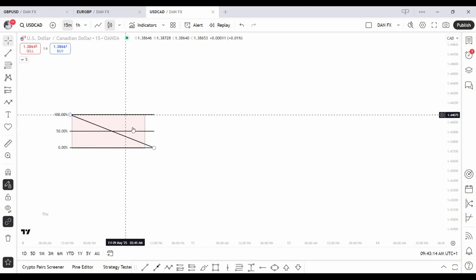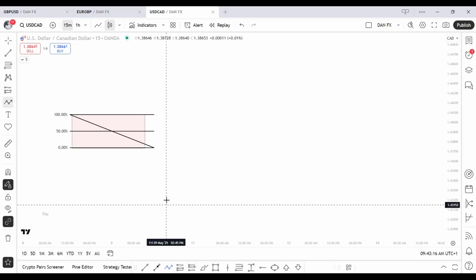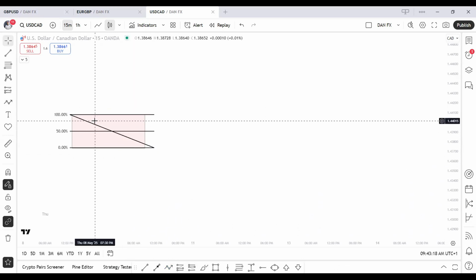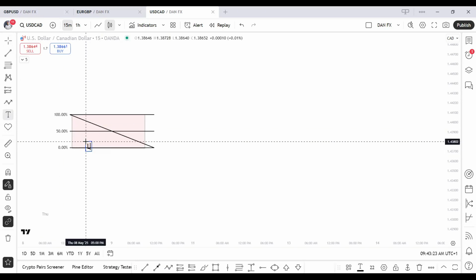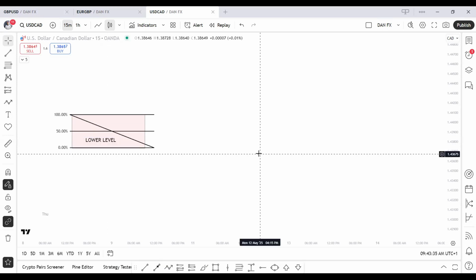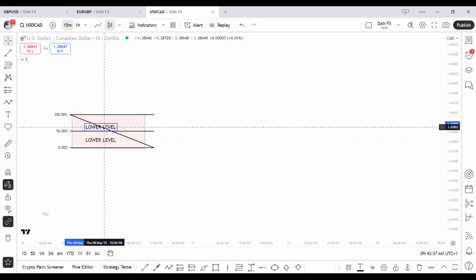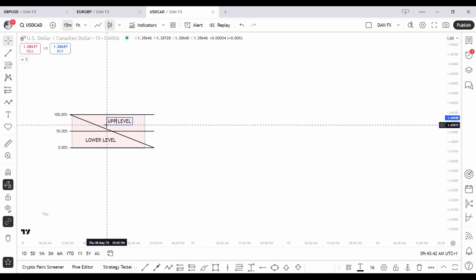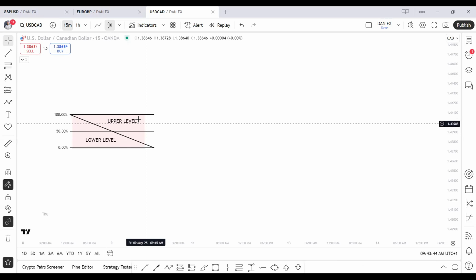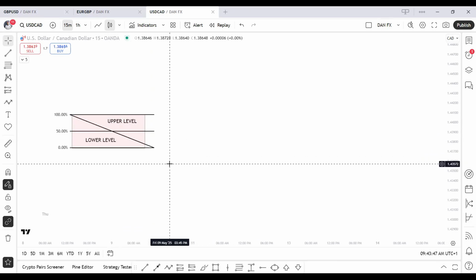It is broken down into two parts: we have the upper level of the box and we have the lower level of the box.